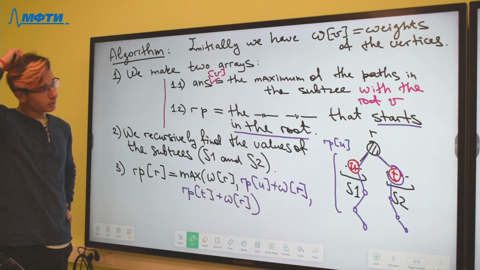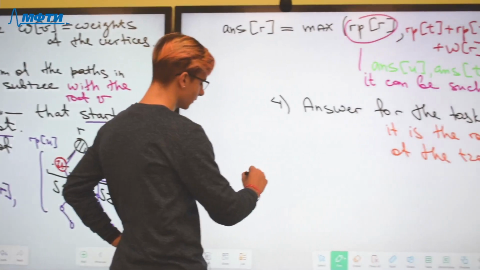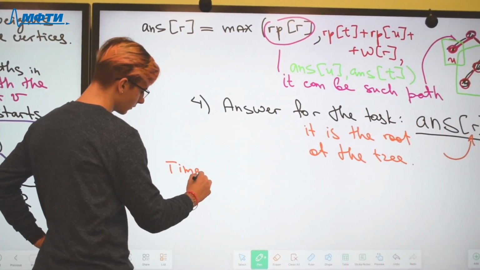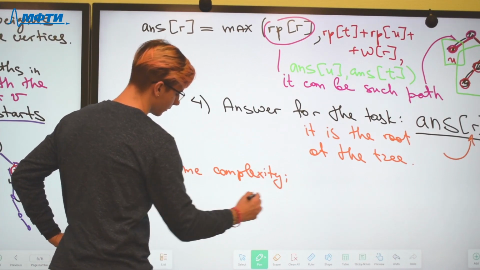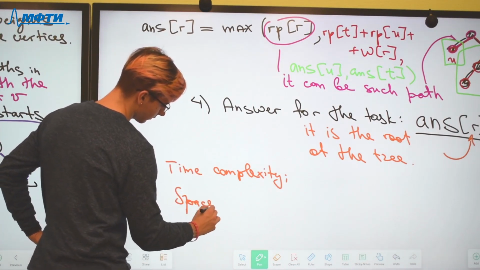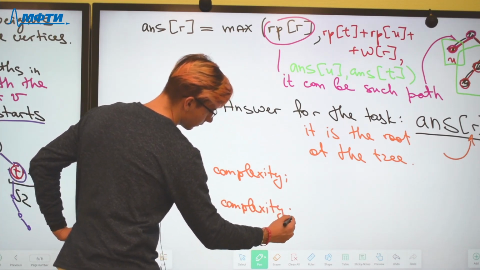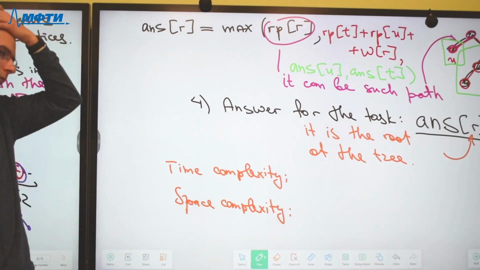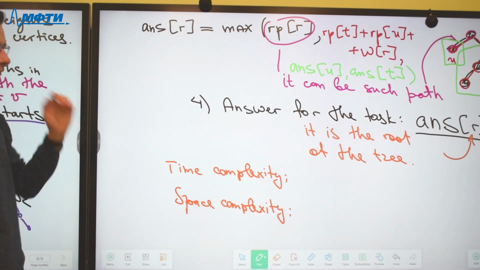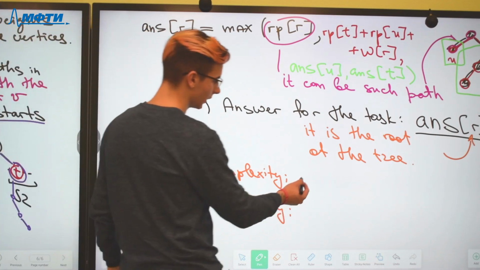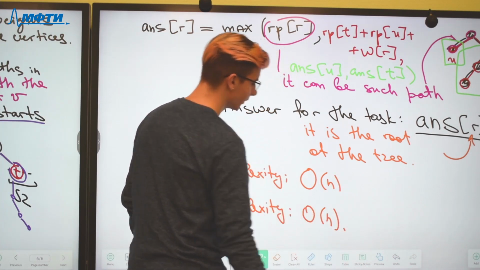So we say that the time complexity for it is equal to O(n), and for the native algorithm O(n^2).